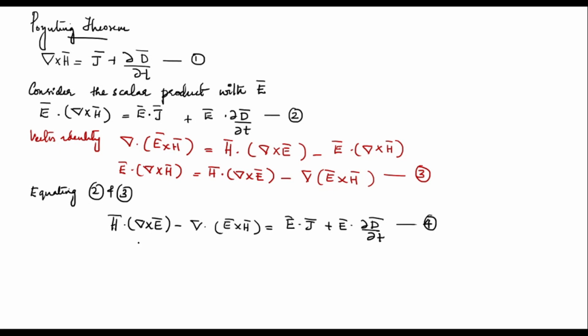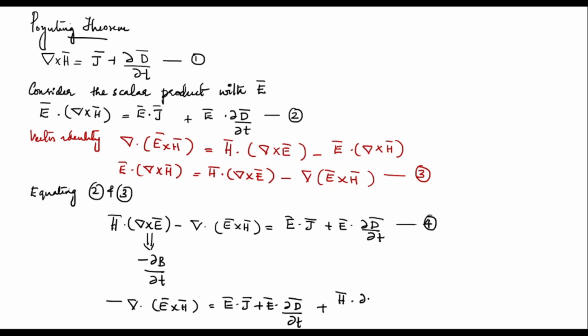But we again have H dot del cross E. See, this del cross E is known as minus dou B divided by dou T. Already we have studied this from Maxwell's equations. So from this we have minus del dot E cross H is equal to E dot J plus E dot dou D divided by dou T plus, taking this term to the right hand side, H dot dou B divided by dou T. Let this be equation number 5.